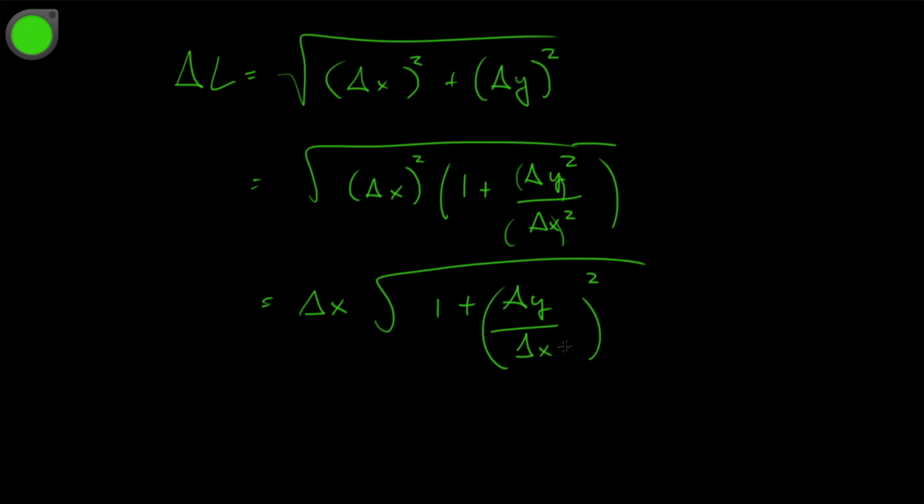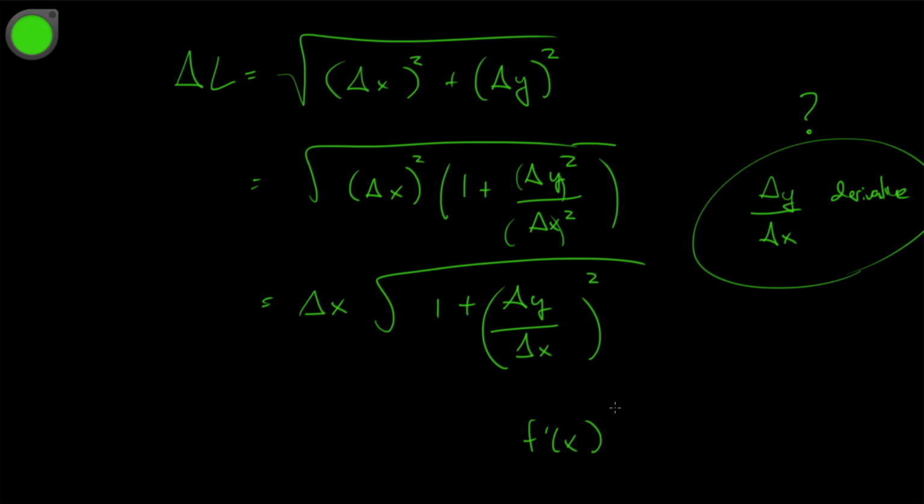Dy over dx, that screams like derivative. Is that valid? Dy over dx, derivative. Can I just replace dy over dx with the derivative of the function? Can I just do this?